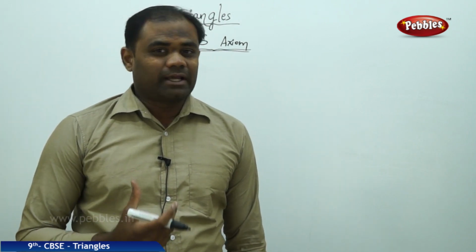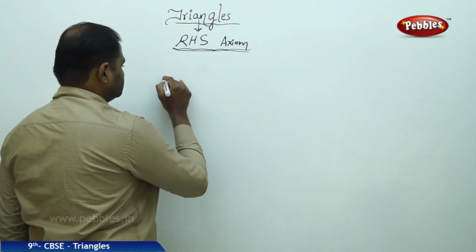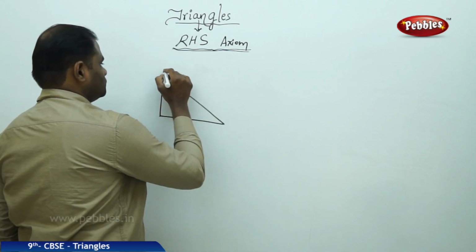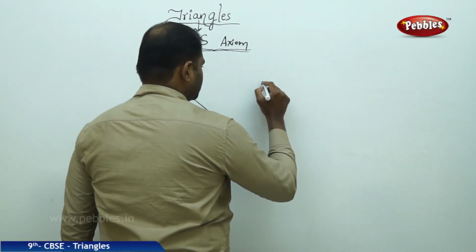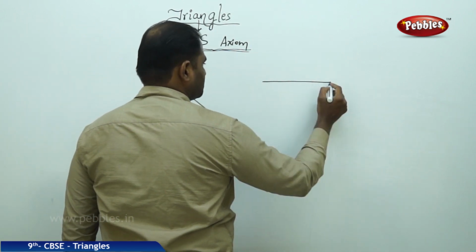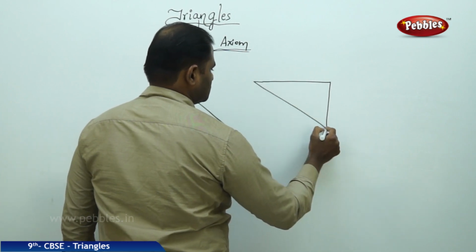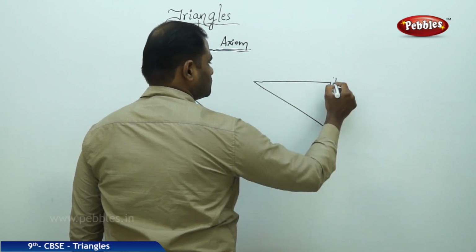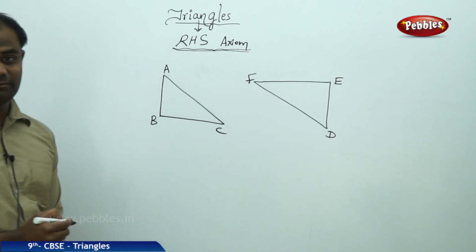Imagine I have two right-angled triangles. Say I consider the right-angled triangle ABC and the right-angled triangle DEF.